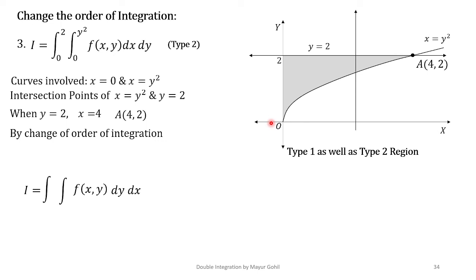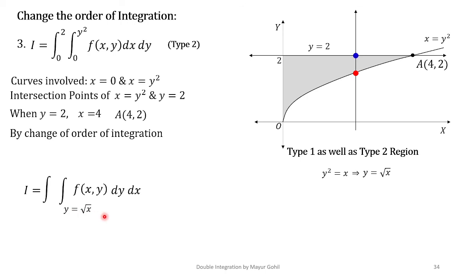When the vertical line is passed, the entry point is the parabola again. So entry point being the parabola, y equals to square root of x. Because of the positive root that we are going to take, it is in the first quadrant that we can see. So the lower limit is y equals to root x.